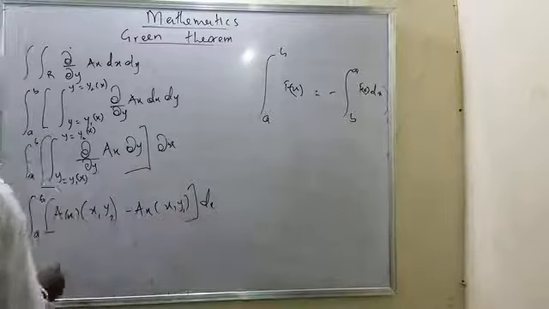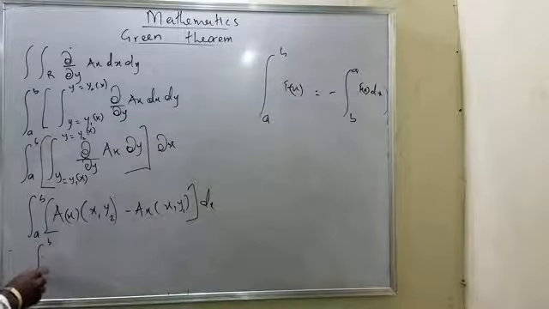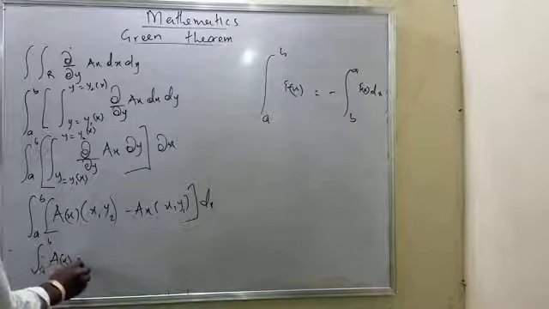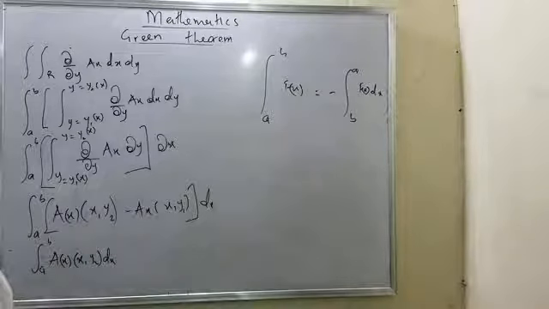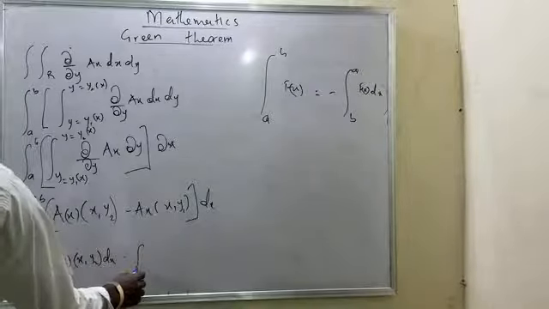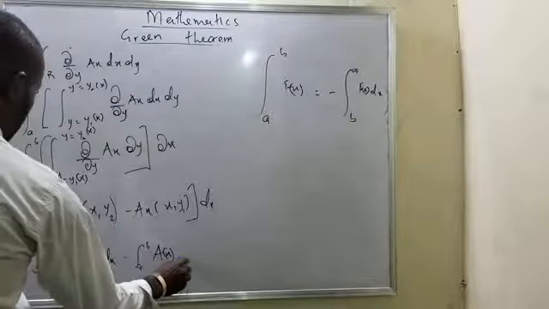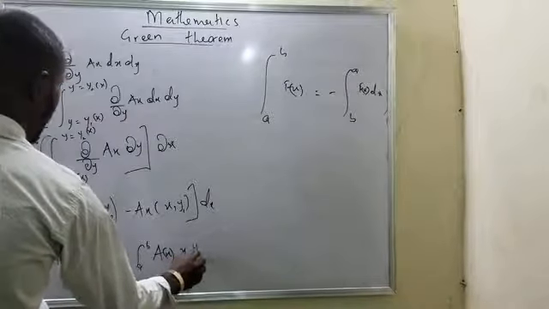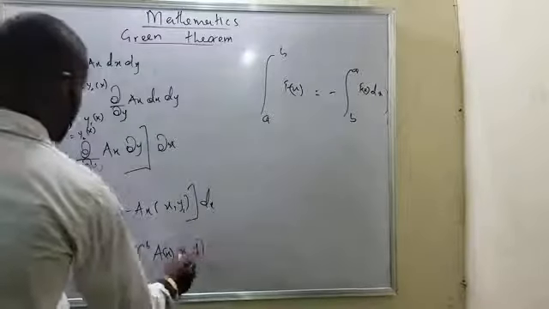Okay, this is 1. I can say that the integral from b to a of a(x) with respect to x, minus the integral from a to b of a(x) y, which I'll be having 1 and 2 of the x.